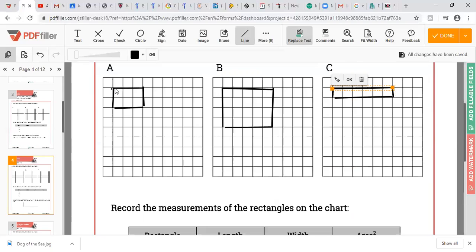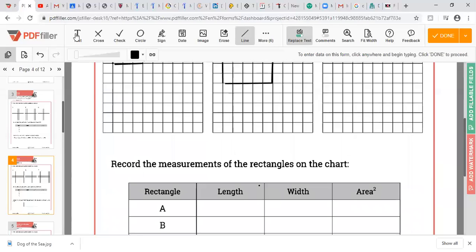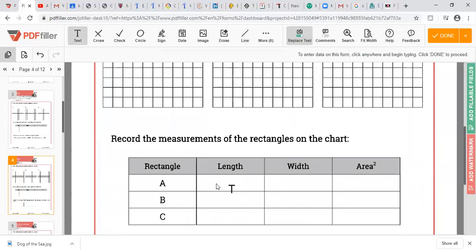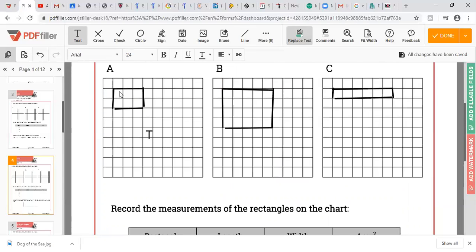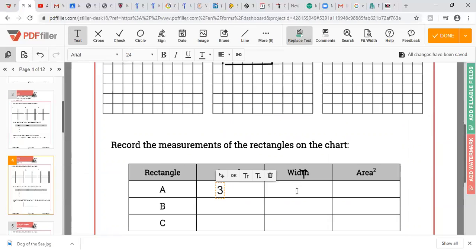So here, 1, 2, 3 is my length. 1, 2 is my width. And my area becomes 6 square units.